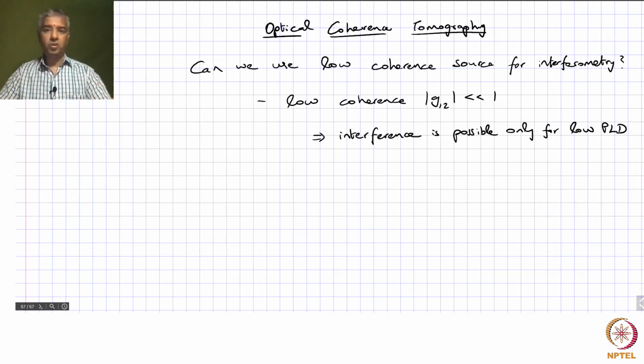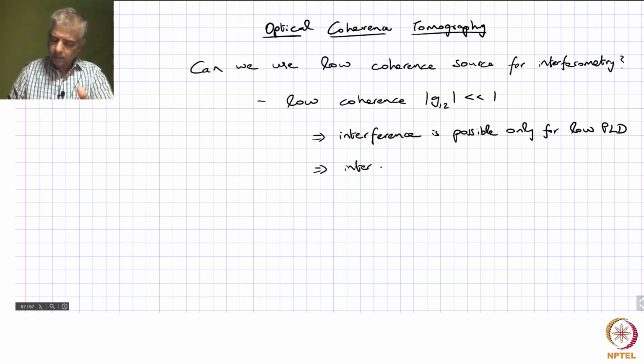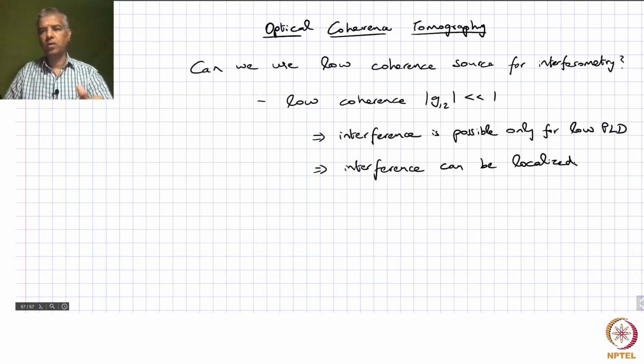That is clearly one way of looking at it. But the positive side of this is that it also implies that interference can be localized. You might have a case where the perturbation exists over a deeper region of a material, but you are only looking at a very small region, like in this case a 20 micron region.